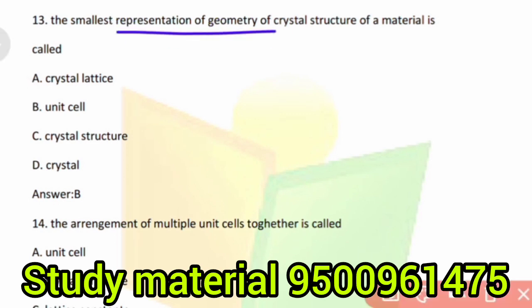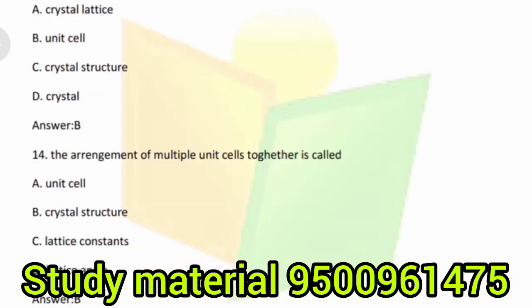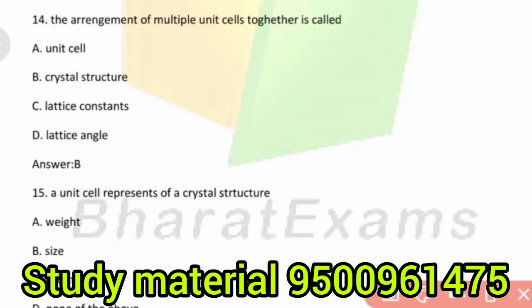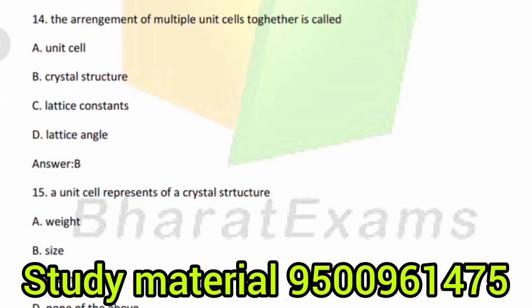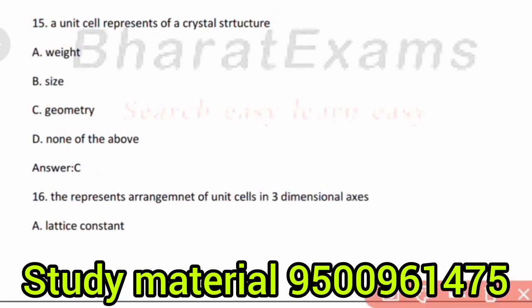The smallest representation of the geometry of the crystal structure of a material is called the unit cell. The arrangement of multiple unit cells together is called crystal structure. A unit cell represents what of a crystal structure? Option C, geometry.